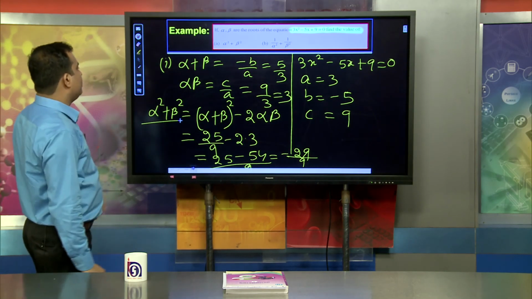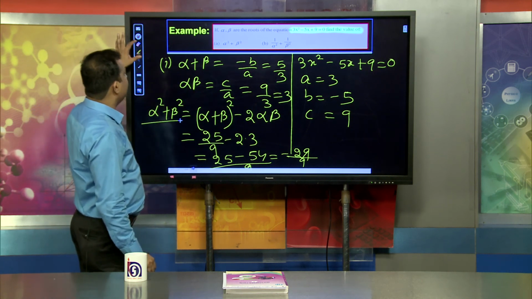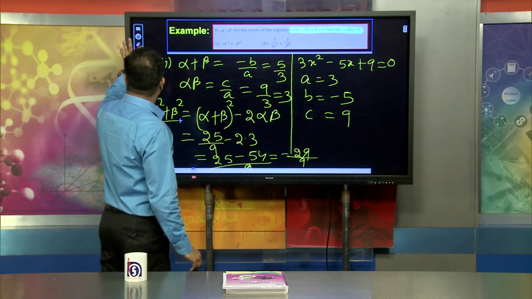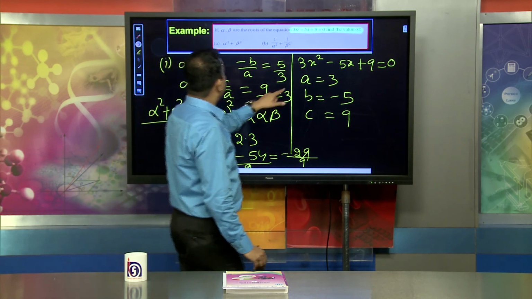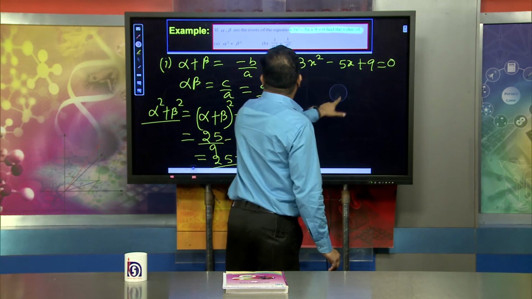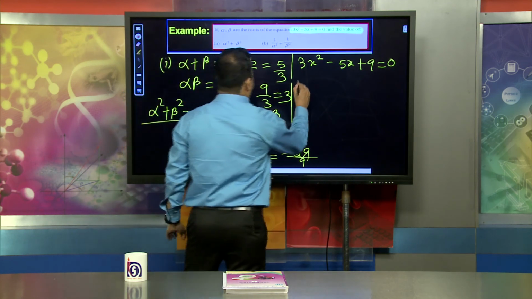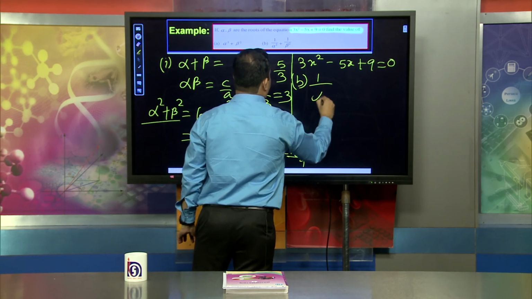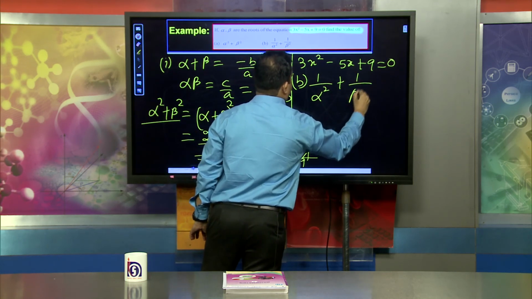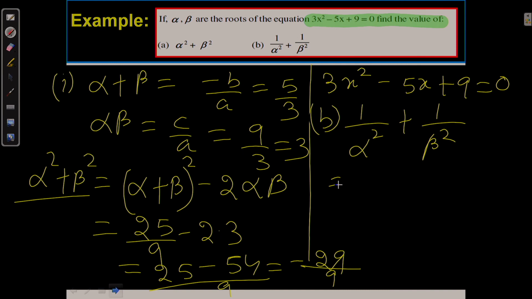Okay. Second part, suppose we would like to see what is the value of 1 by alpha square plus 1 by beta square. You see, the B part is asking the value of 1 by alpha square plus 1 by beta square. Simplify, when taking the LCM, you will find alpha square plus beta square divided by alpha square beta square.